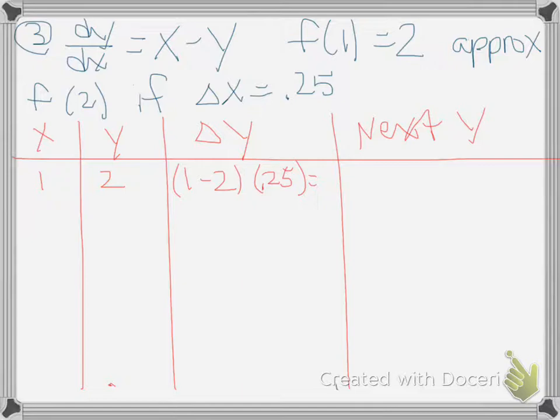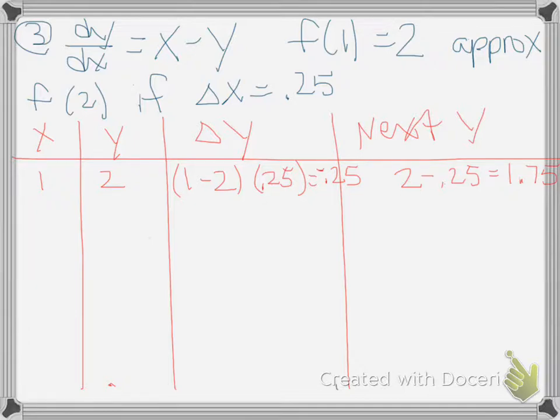That's going to give me negative 0.25, and that would make 2 minus 0.25. So I would get 1.75 here. All right, so we got 1.75. That's going to carry on down here.